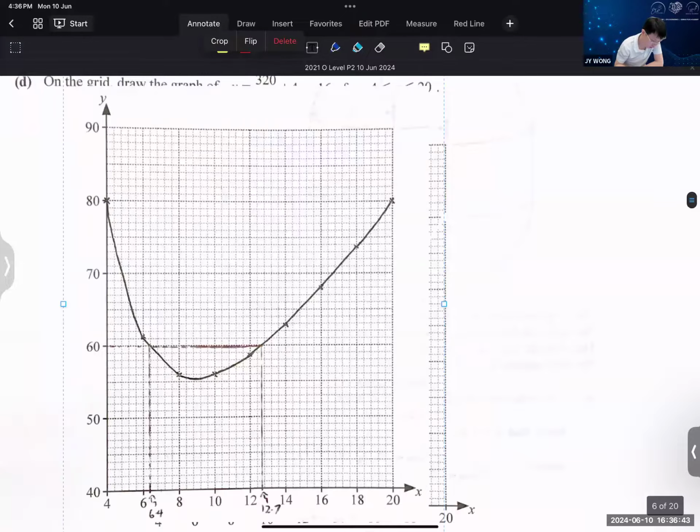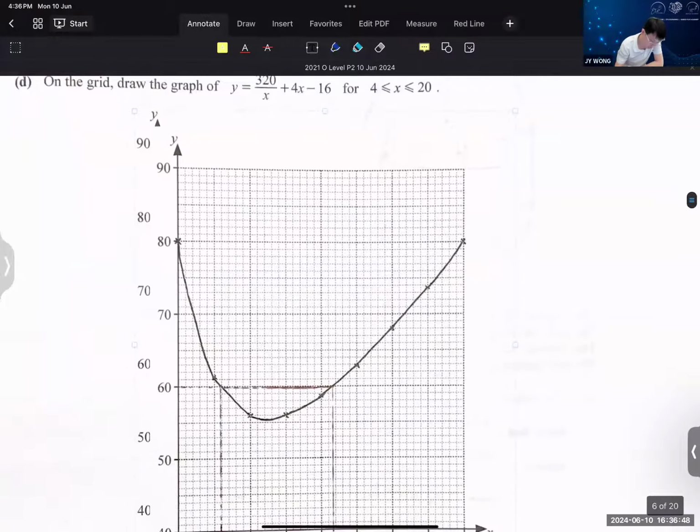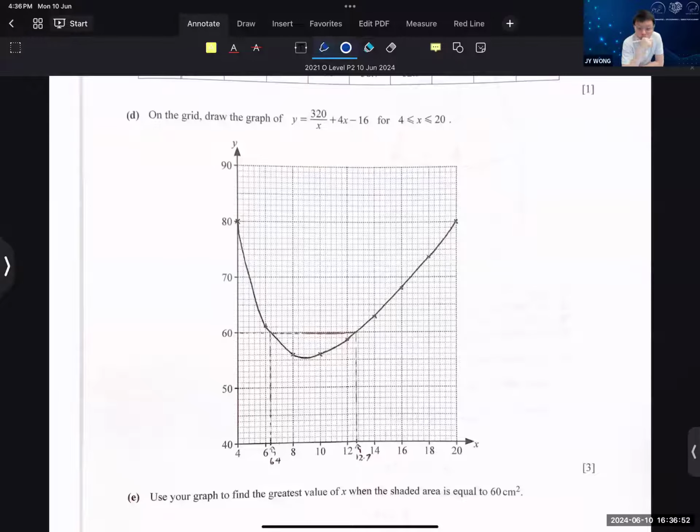Your graph should not be as wobbly as mine. You can very clearly tell that this was drawn freehand. I'm not saying you cannot draw freehand, but you better make sure your freehand graph looks a lot smoother than this. Okay, this graph for 3 marks, this graph will take a 1 mark deduction because not smooth. That is what will happen.